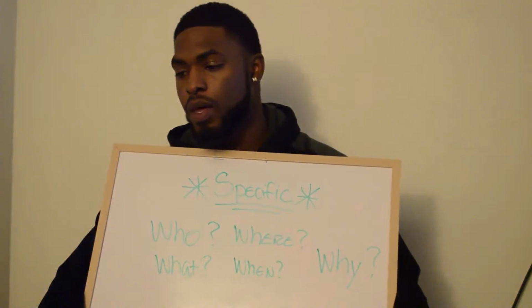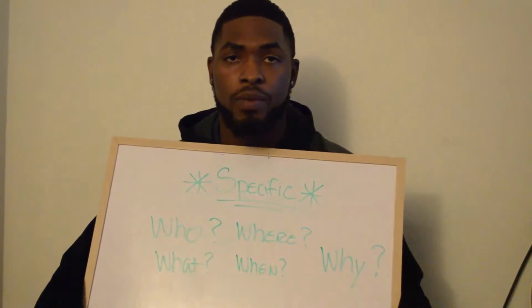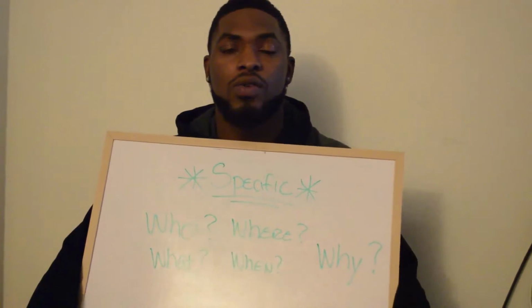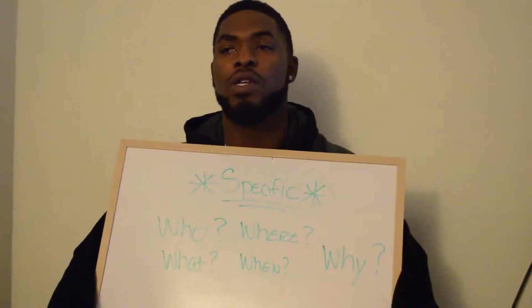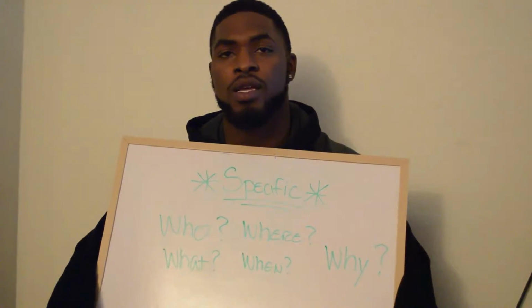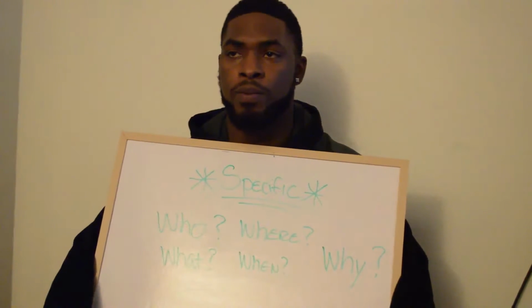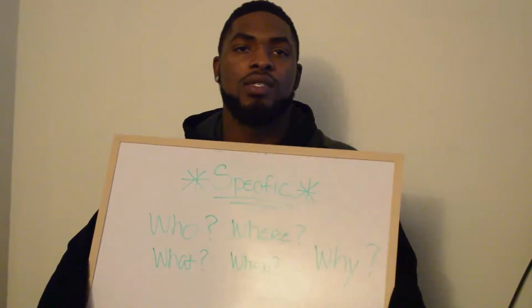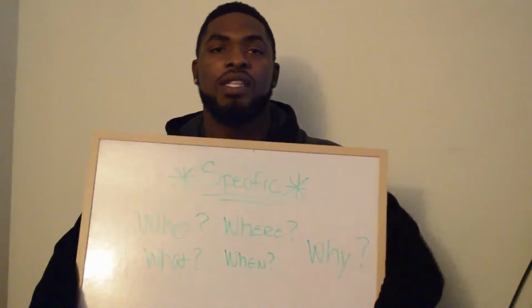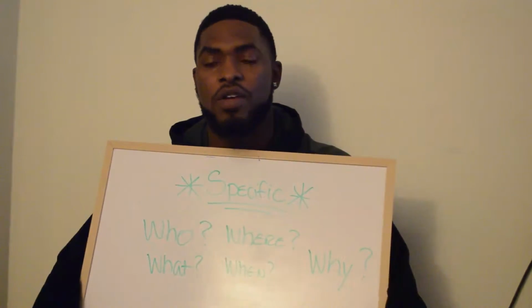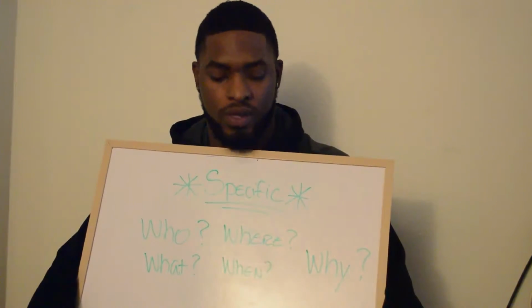You establish a time frame, you establish where this is going to take place, so that the goal is as specific as can be, and you leave out any room for you to just pass it by, because now it's completely defined. So now you have a set plan that you can work from.